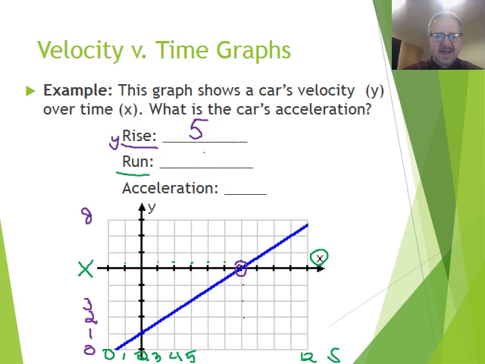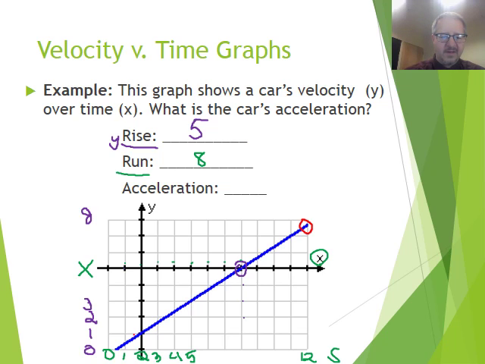So our run is 8. Now notice that I didn't go all the way up here, because we're looking for where these two lines intersect, right? Where our y and our x intersect along our slope.